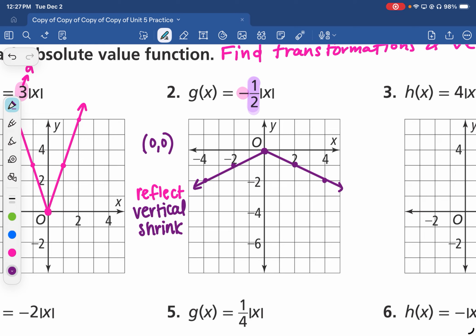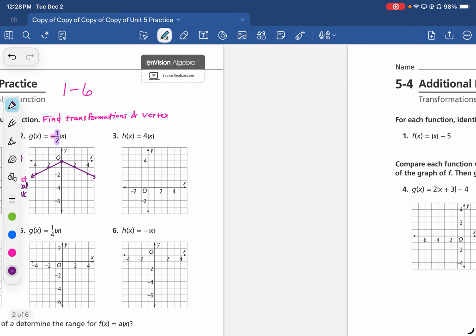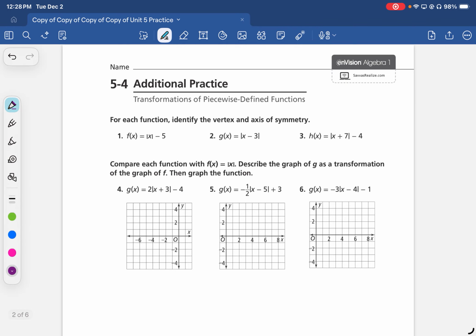Okay, what was our slope for this one? -1/2. So what do we need to do? So that gives us half of our graph. To get the other half, what do we need to do? Down one, go the other way. And now we have the graph of this absolute value function.